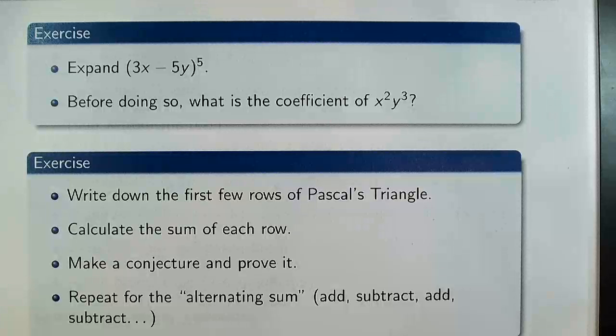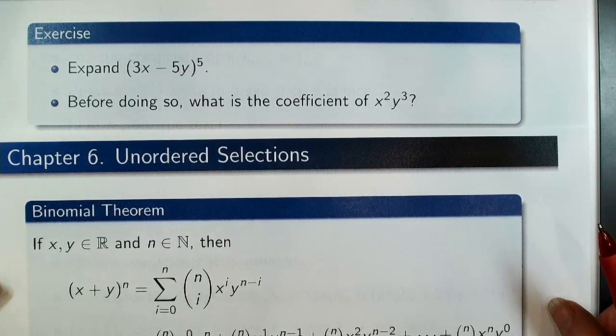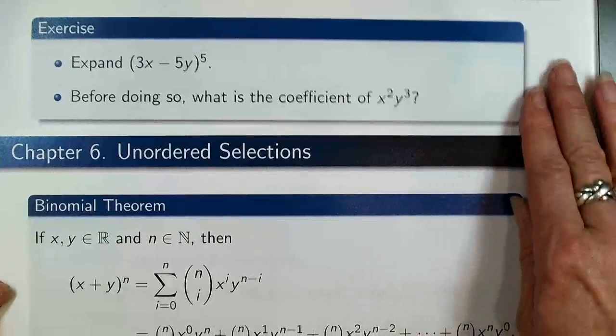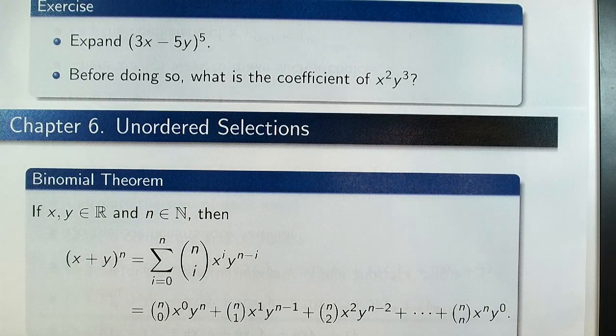Okay, let's do something that makes us think a little bit about the binomial theorem. Let me bring the binomial theorem back here. There's the whole thing. I'll use a piece of blank paper.